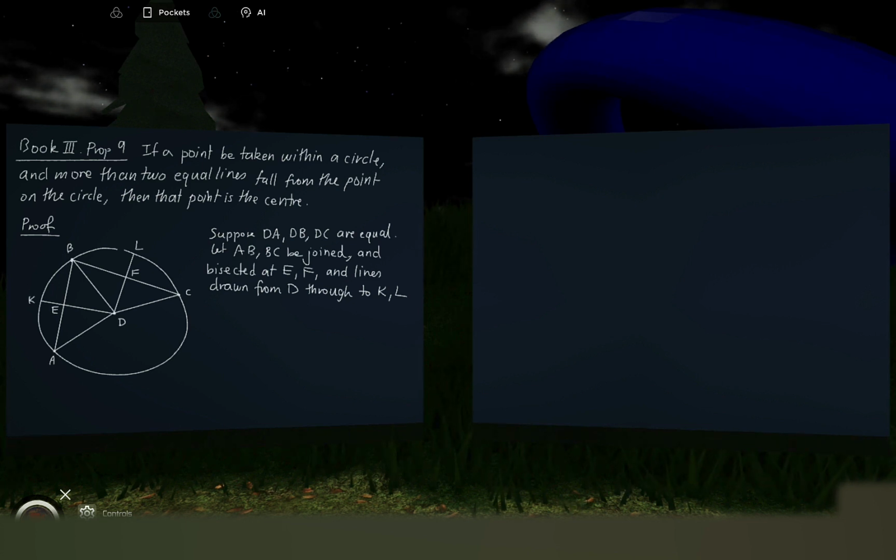So now let's see what we can say about that. I'm not going to write down this argument because we've done it many times. Since we've bisected this line, AE and EB are equal, and the side ED is common. So we know that these are both right angles.